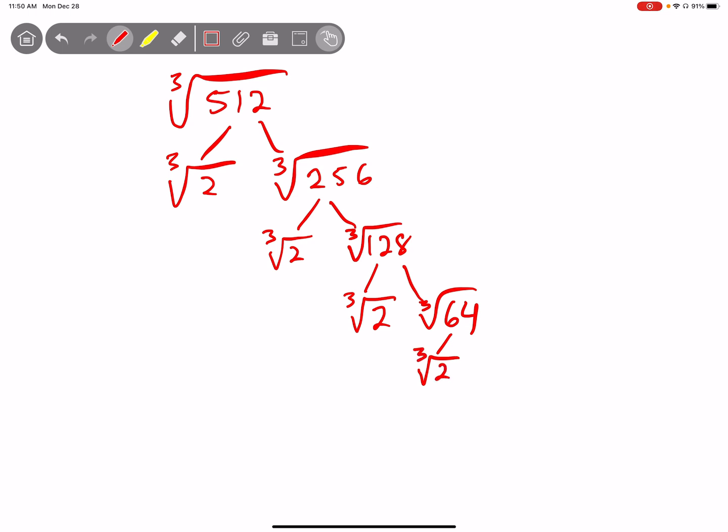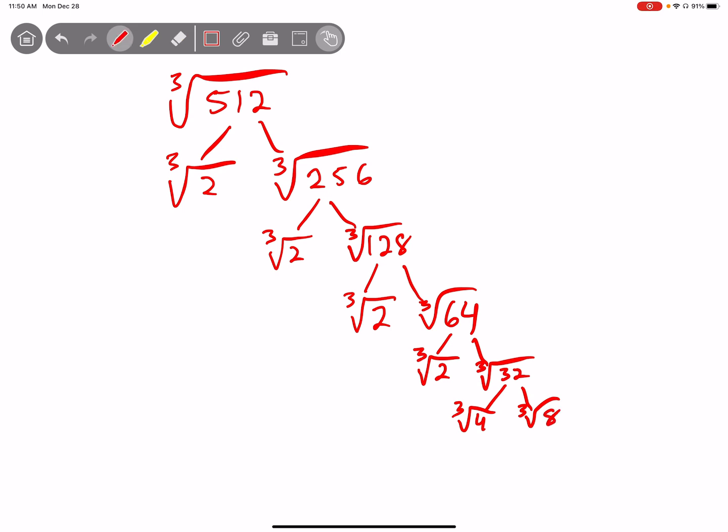Cube root of 2, 64 gets broken down into 32. Cube root of 2. Well, let's use a bigger number. Let's say we've got the cube root of 4 and the cube root of 8.